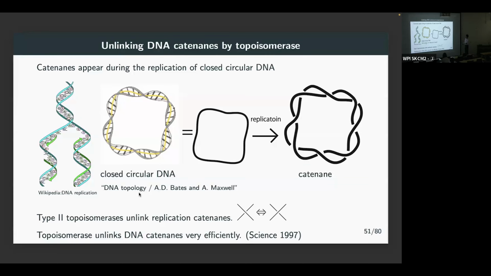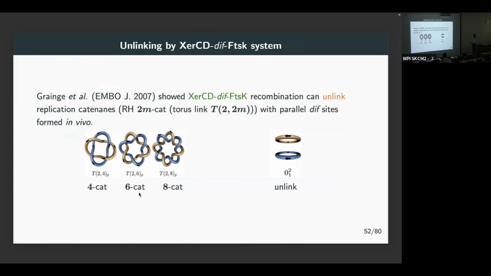And this enzyme will do the crossing change as in this picture, and that will unlink this two-component link. But in the case the topoisomerase is not active in a cell, a cell tries to survive in a different way.